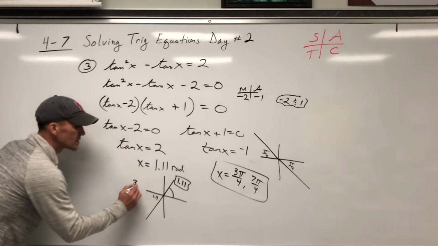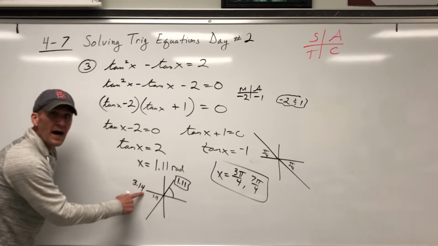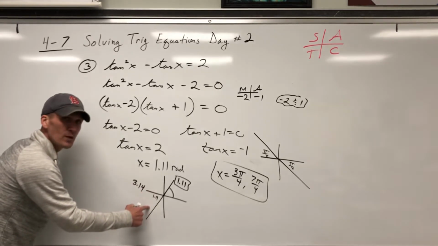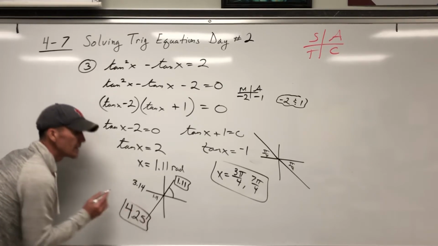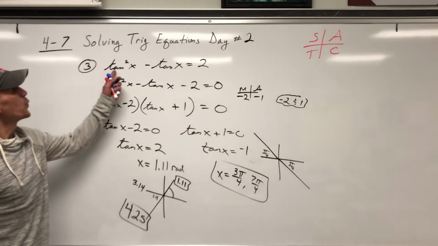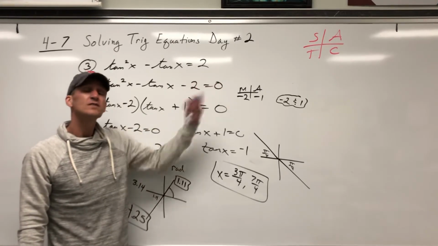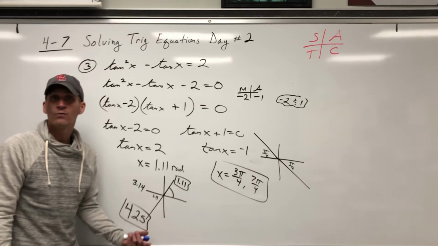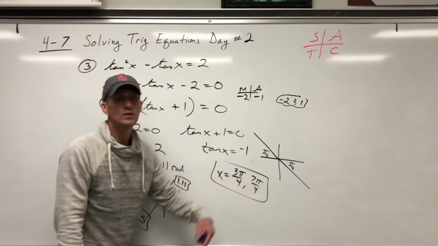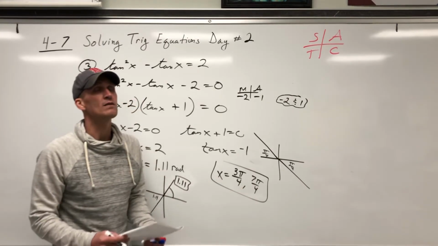And if this is 3.14, which is pi, add 1.11, you get 4.25 radians also. So this one equation here has 4 different solutions. 2 of the solutions have to be in rounded radian form. 2 of the solutions can be in exact radian form.